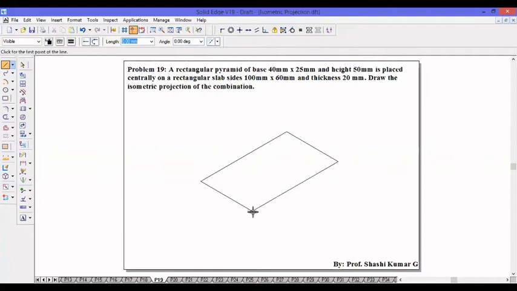So this will be the top face of the rectangular slab. The thickness of the rectangular slab is 20. So take 20 mm thickness and complete the portion. Thickness length is 20, minus 90 degree, and join to the end point.